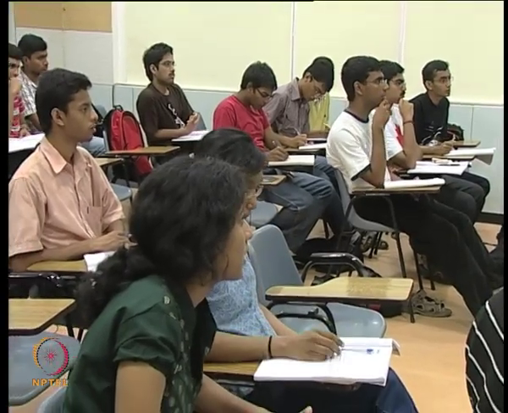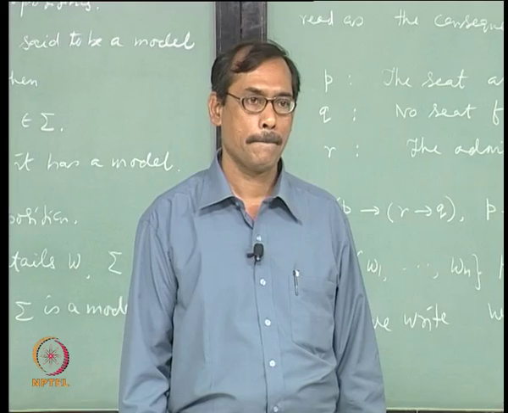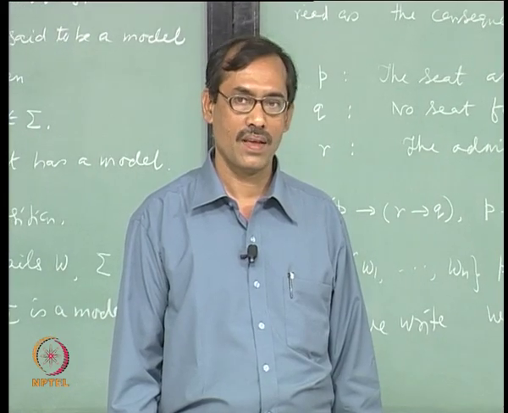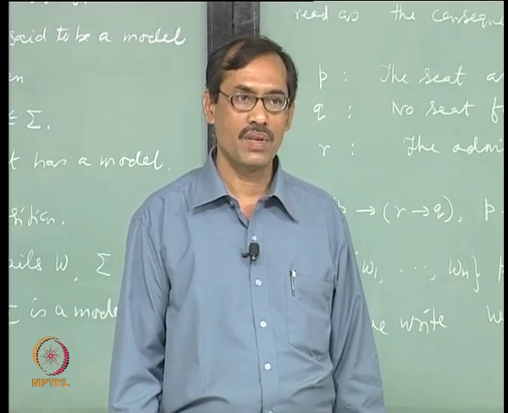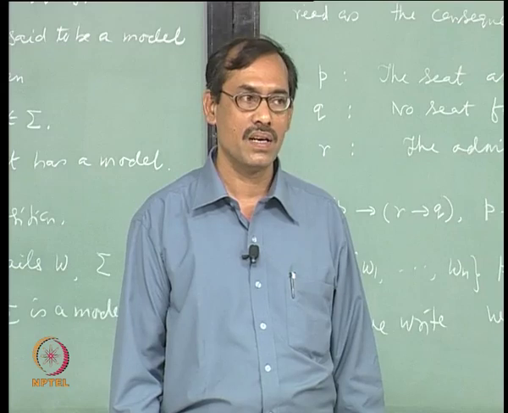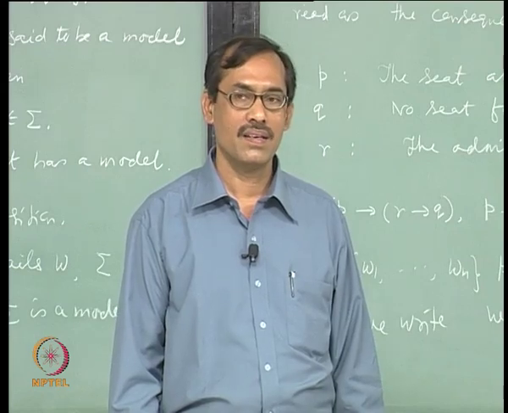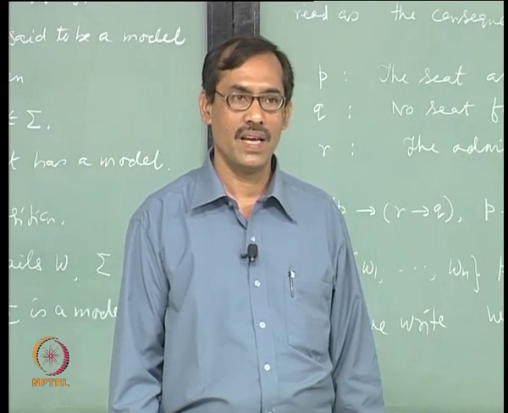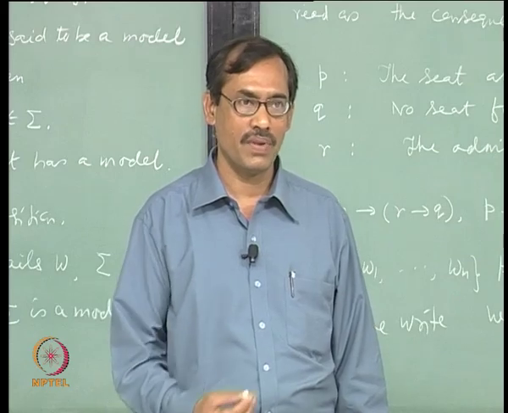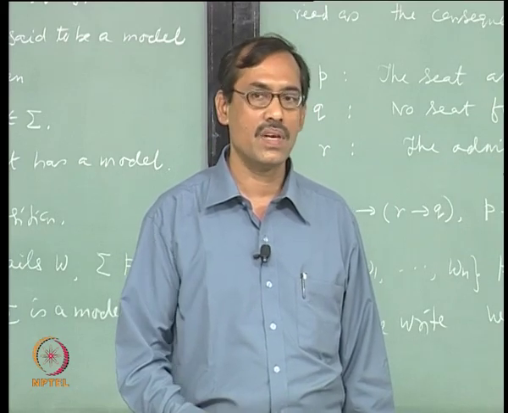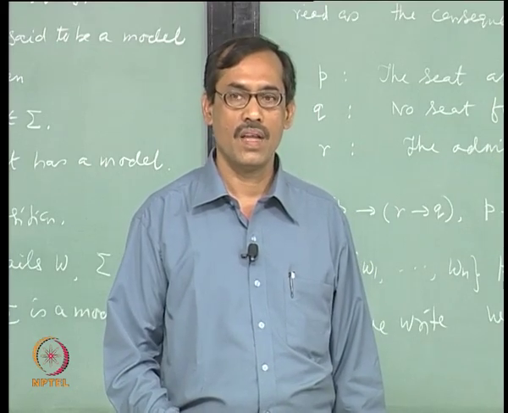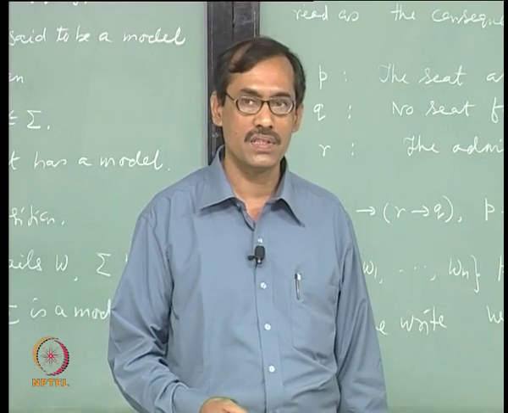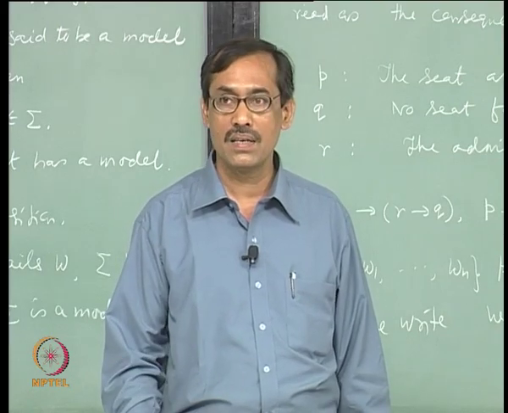So, what is the model of an empty set? I would claim that every interpretation is a model, right? Is it okay? Otherwise, you have to find one interpretation which is not a model of one of the propositions in empty set, but there is none.